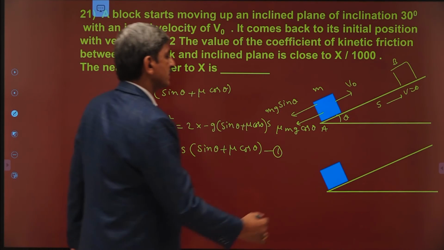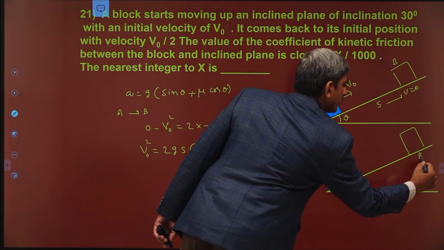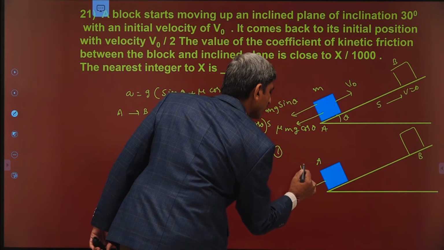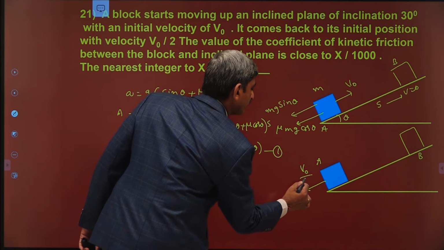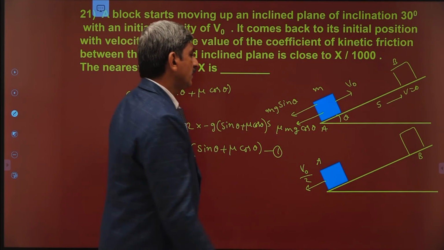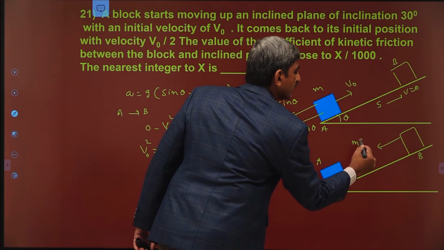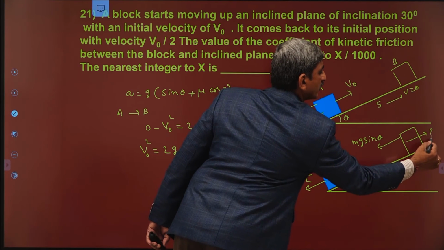In the second case, the body is coming downwards from the top. That means it is moving from point B to point A. As the body reaches the point A, it has a velocity v0 by 2. Already we know that as the body is coming downwards, mg sin theta is acting downwards, whereas the friction is acting upwards.